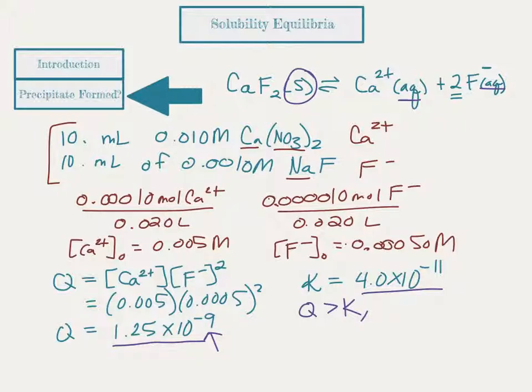So Q is greater than K, so the reaction produces a precipitate. Whenever you need to prove if a precipitate is formed, you need to perform a calculation of the reaction quotient so that you can compare it with the solubility product constant.